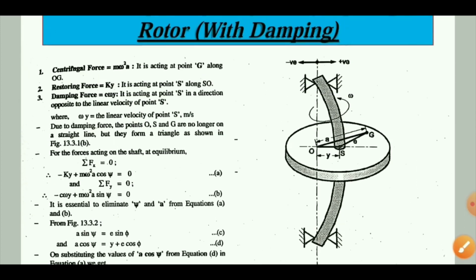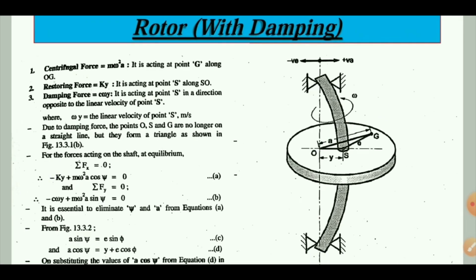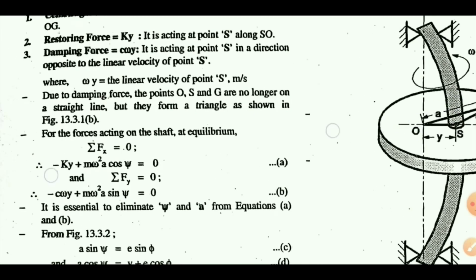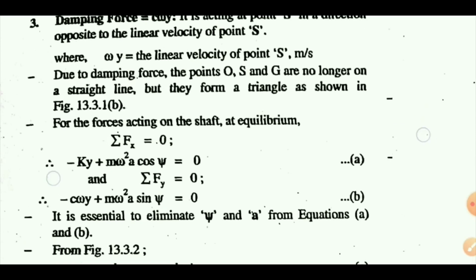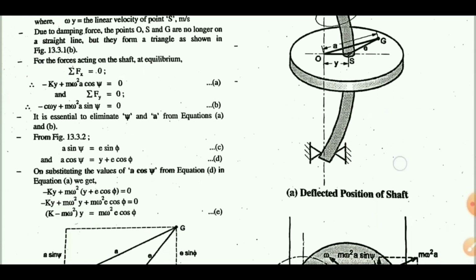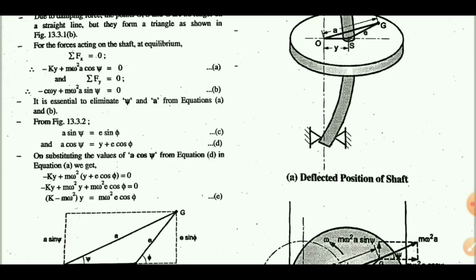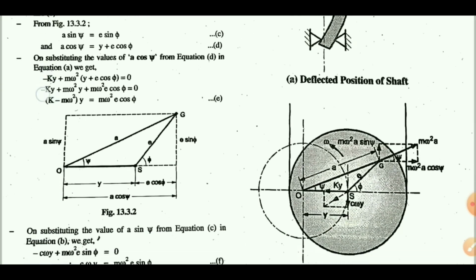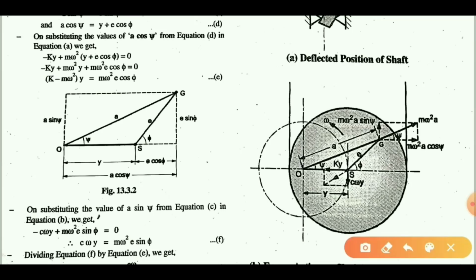By resolving these, we will get sigma fx and sigma fy. Now, m omega square a cos phi acts in the positive direction while ky acts in the negative direction, so this will be taken as minus.